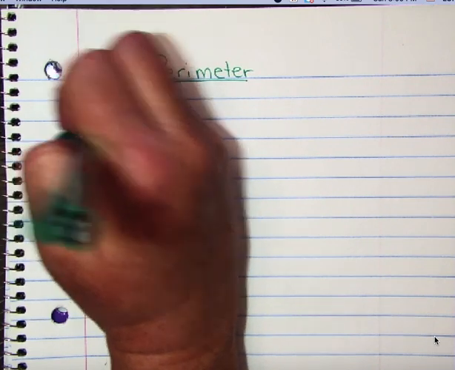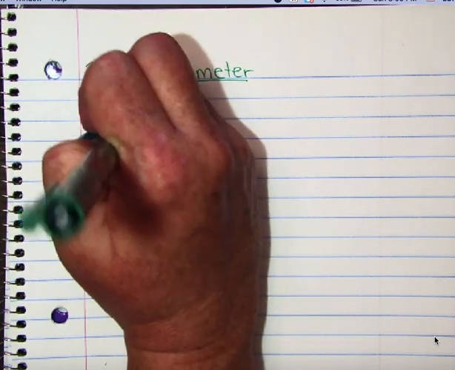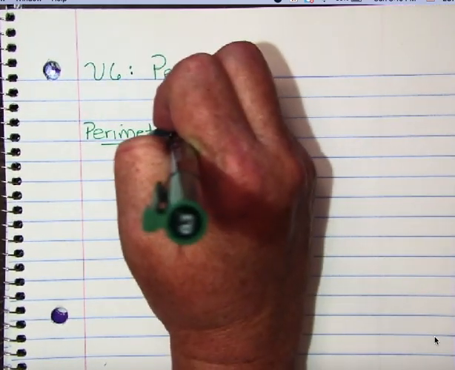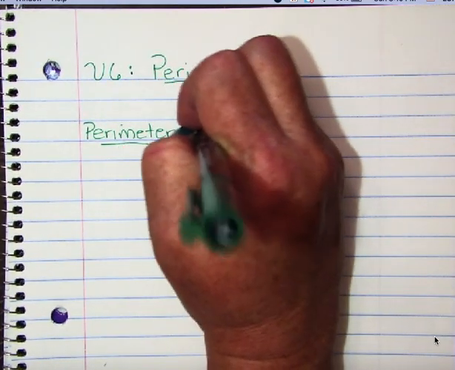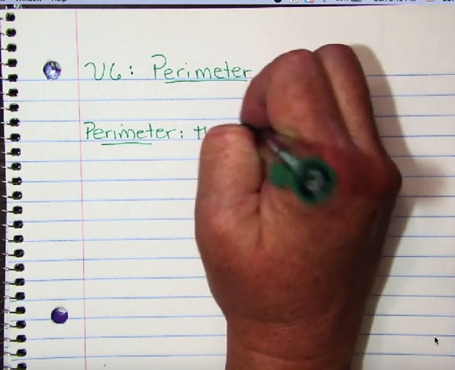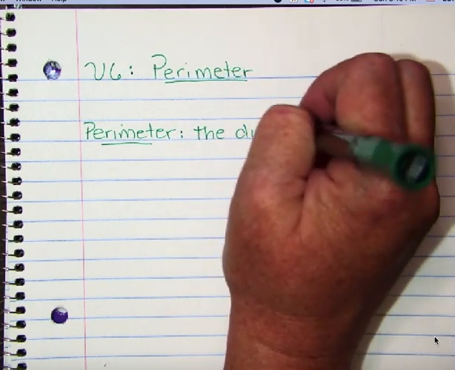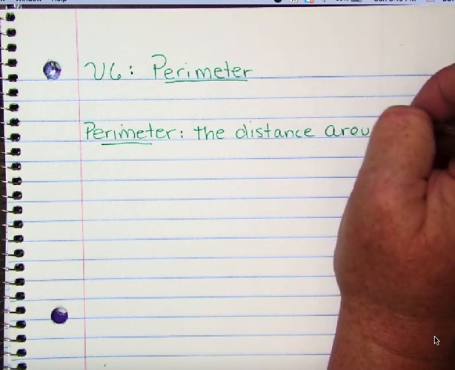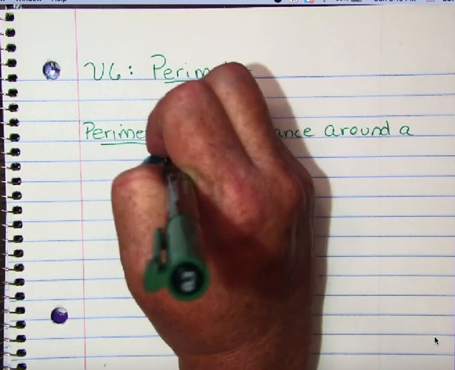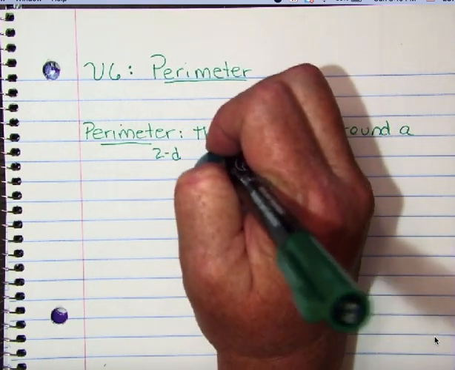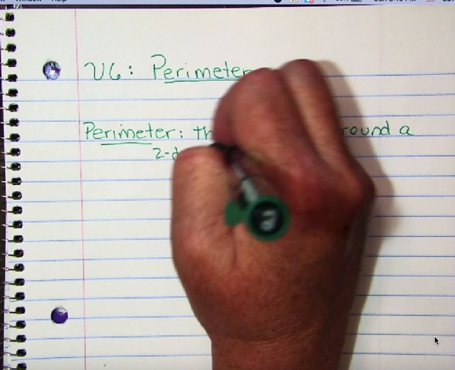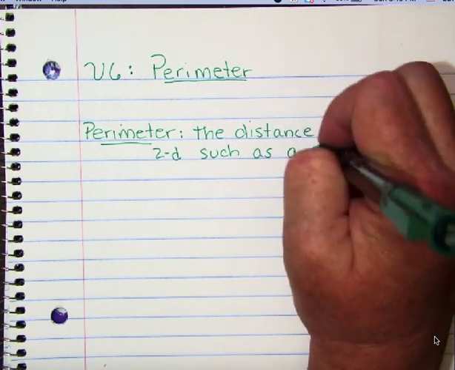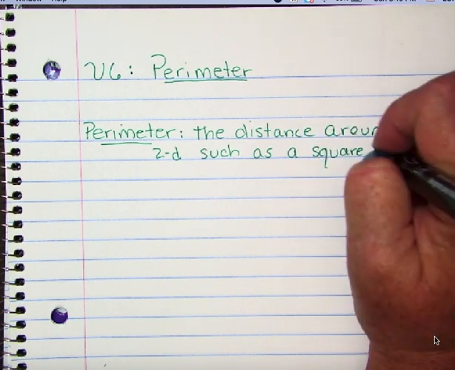In case you have forgotten, perimeter is the distance around a 2D shape, which just means a flat shape, such as a square or triangle.